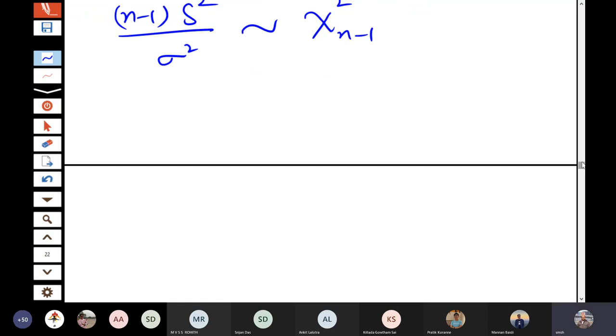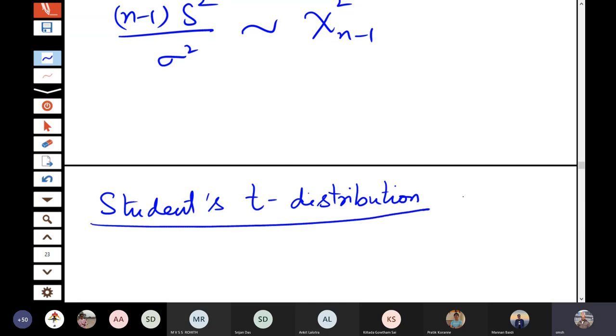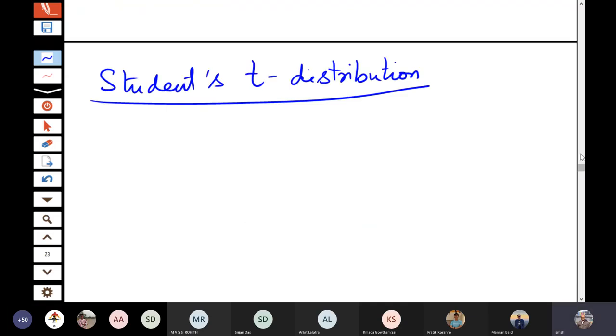So the next one is student's t distribution. Okay. So let me define it here firstly.